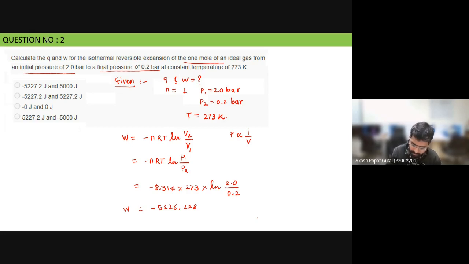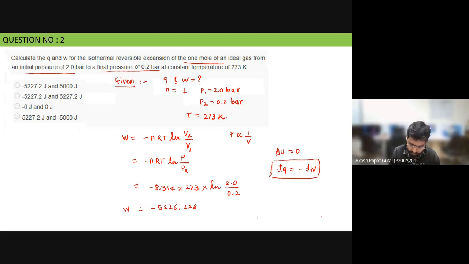As it is an isothermal process, from the first law we know the change in internal energy will be 0 because the temperature is constant. And whatever heat is gained by the system is 5226.228, so the answer should be, as we know, dq is minus dw.